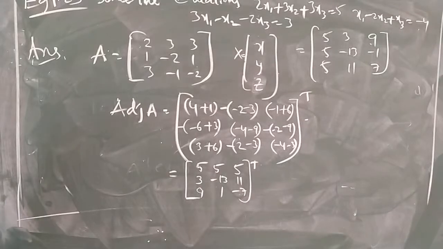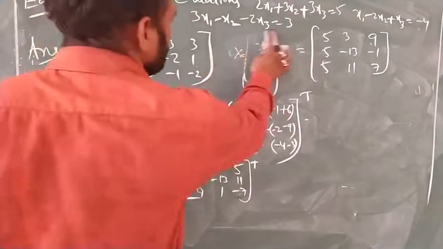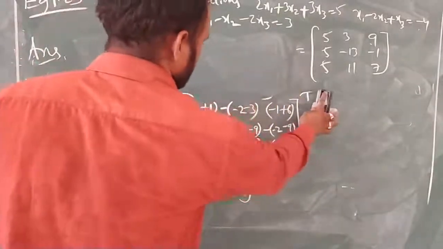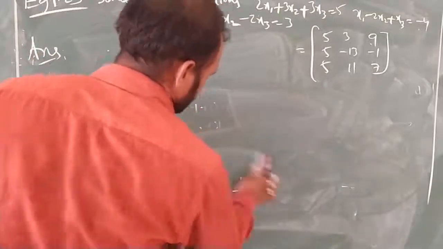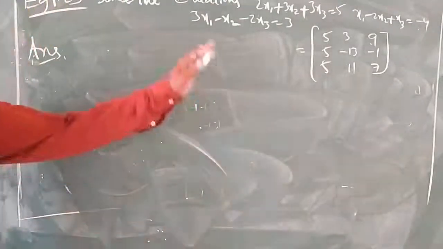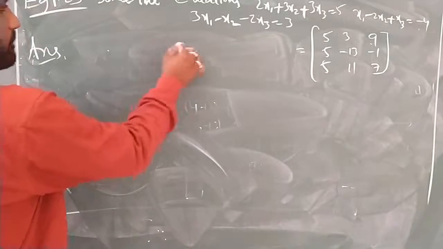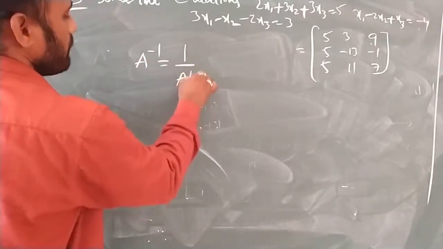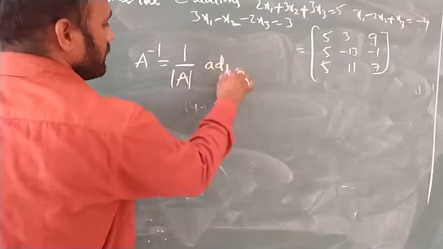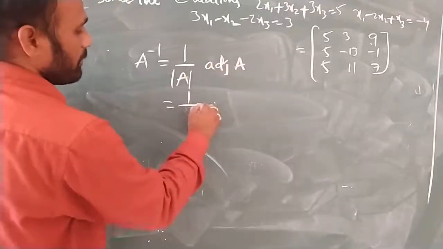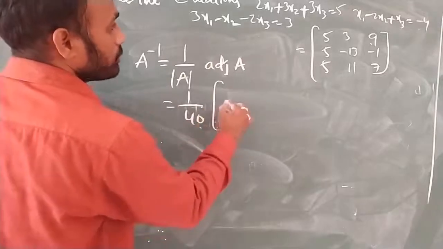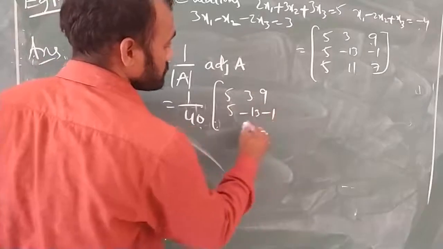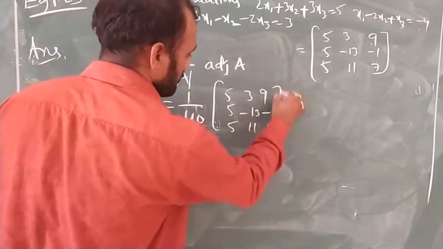After getting the adjoint matrix, we have to find A inverse, which is equal to 1 by modulus of A into adjoint A. So 1 by 40, since we got modulus of A as 40, into the adjoint matrix 5, 3, 9, 5, -13, -1, 5, 11, 7.